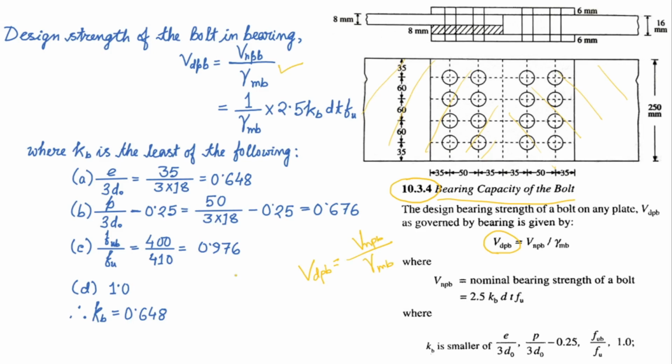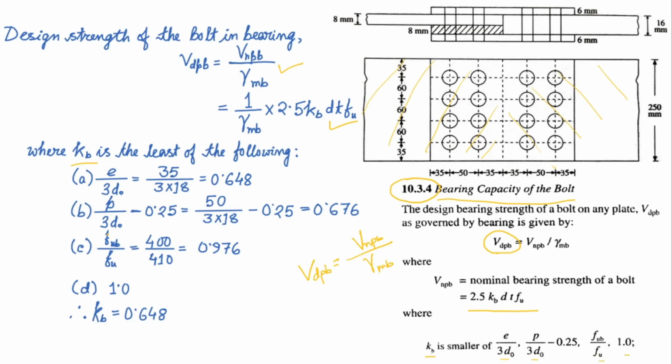Then again the Vnpb is replaced by this formula, 2.5 kb d t fu. So this is the final formula to calculate the design strength of bolt in bearing, where kb is the least of the following. So kb is the smaller of these, and finally 1.